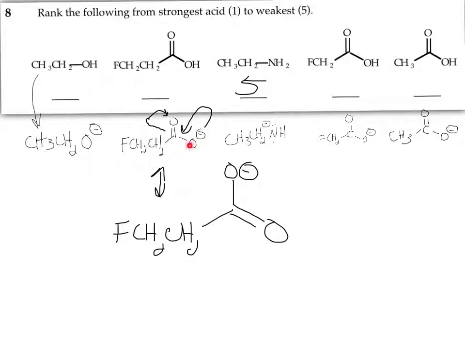So all three of these, being resonance stabilized, are more stable than this conjugate base. So this conjugate base is a stronger base than either of these. So this comes from the next weakest acid. So let's write that in.